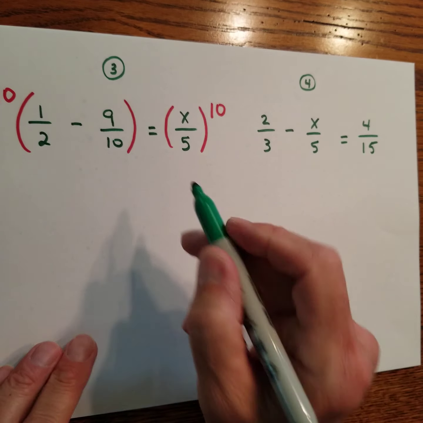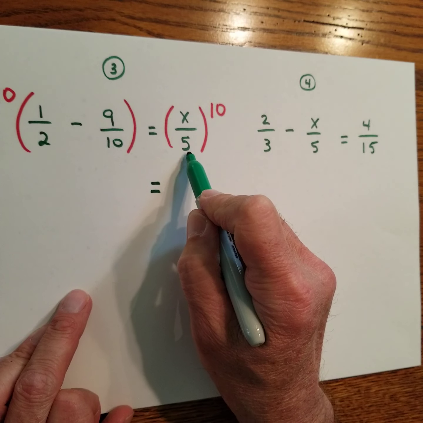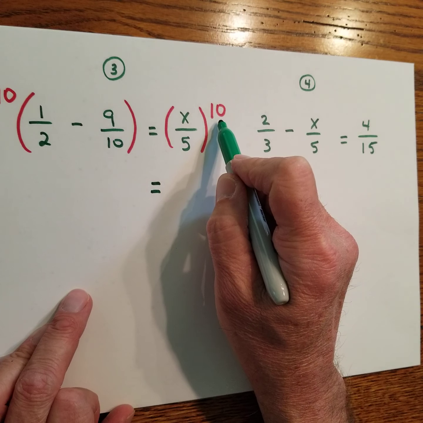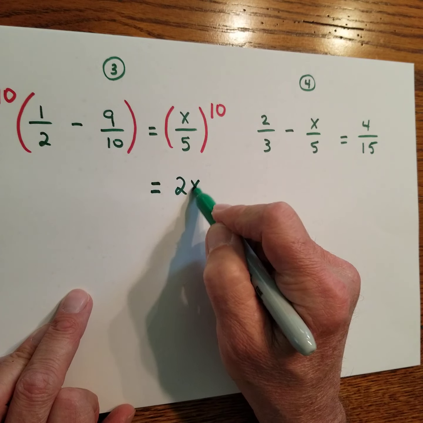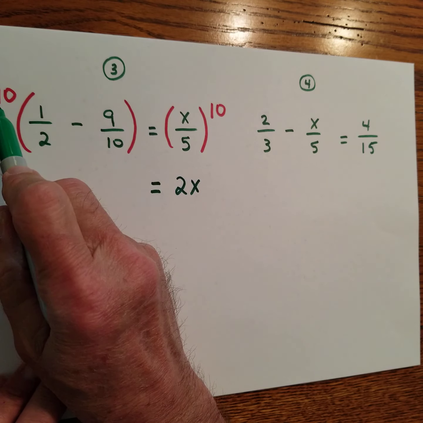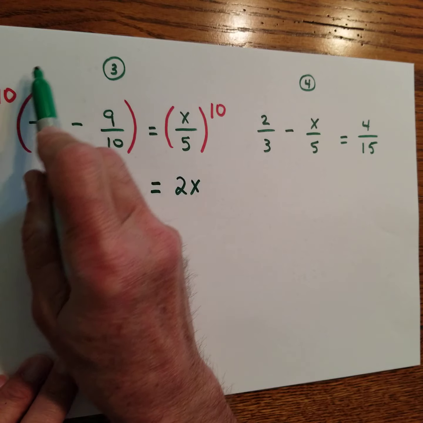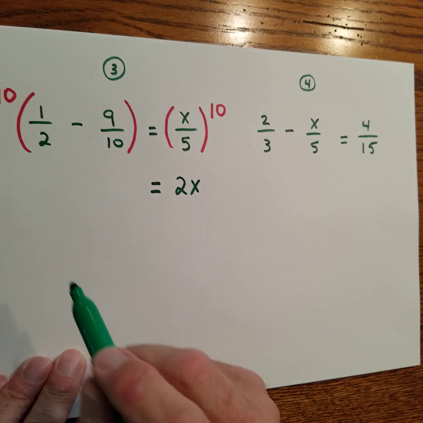Now we get the next line by using our trick. How many times does 5 go into 10? 2. 2 times x just looks like 2x. On this side, we'll distribute 10 times 1/2, 10 times 9/10. When I go 10 times 1/2, use the trick.